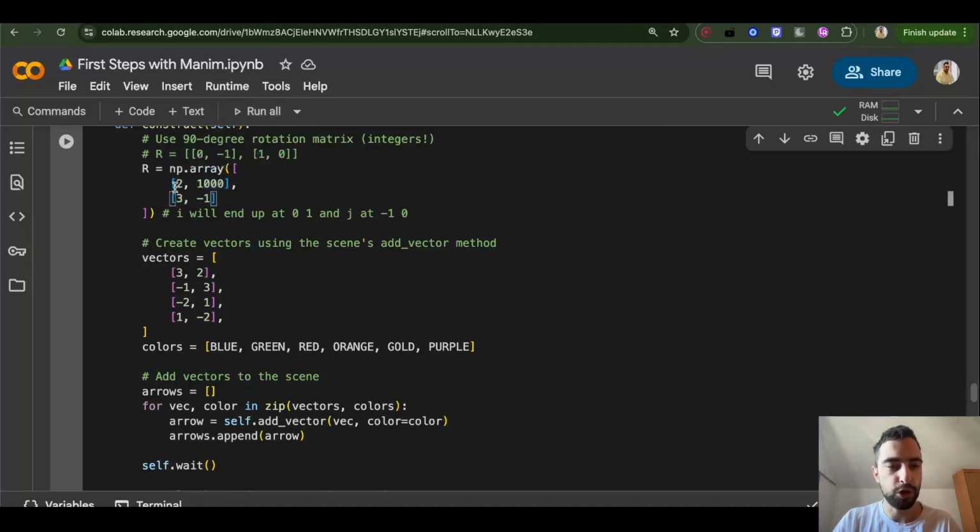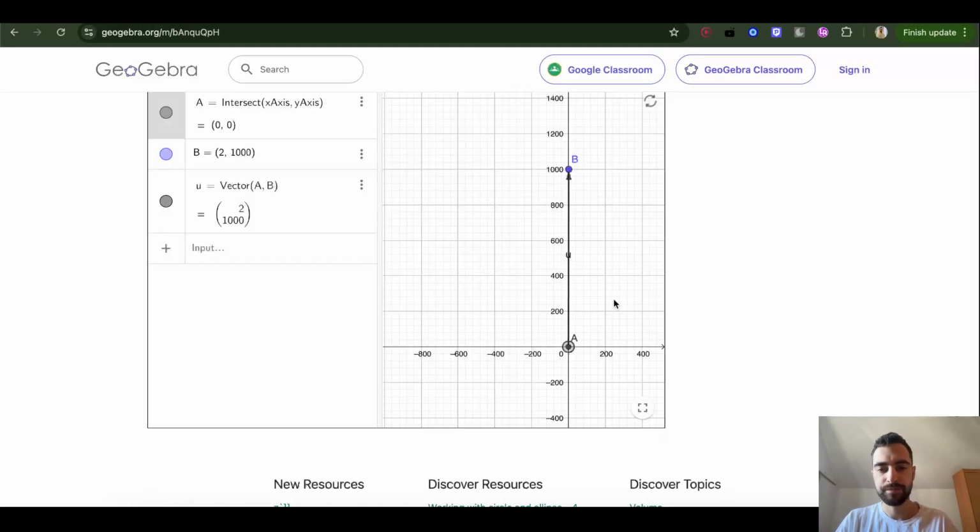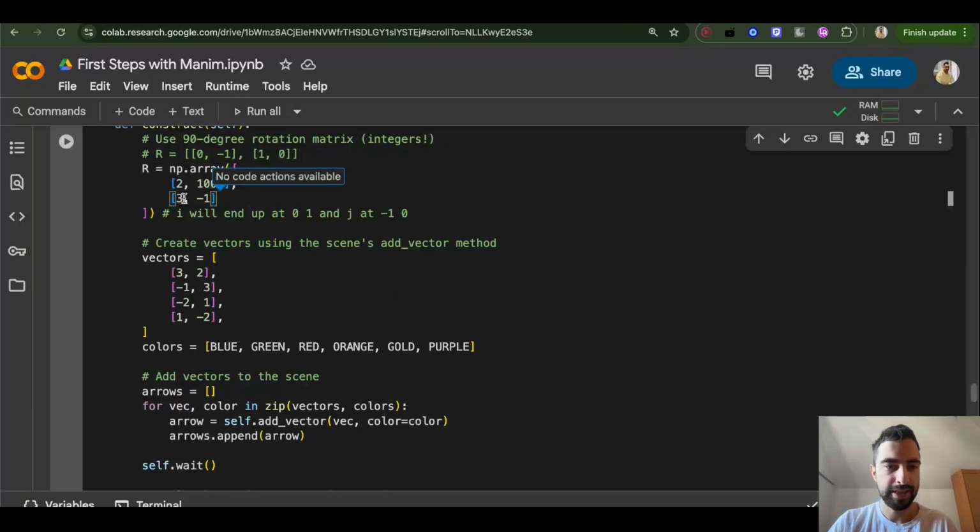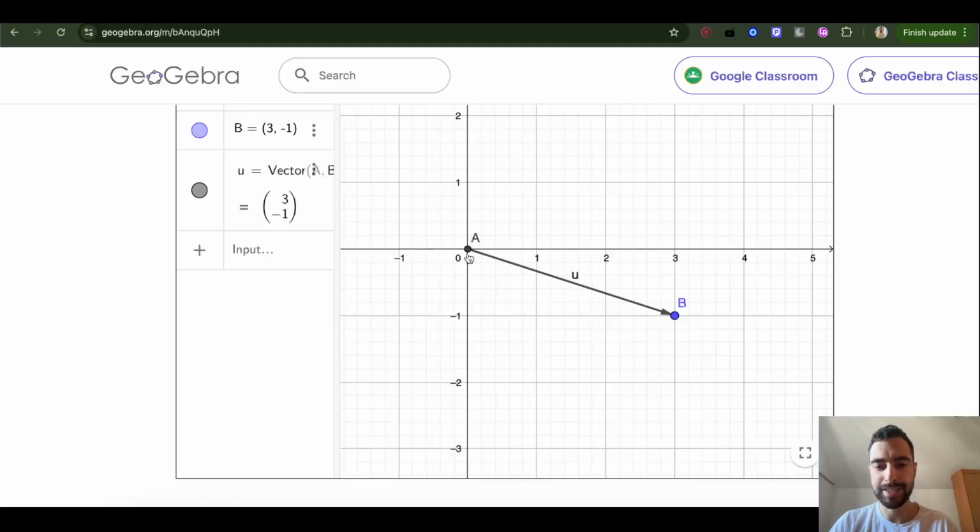Let's see these rows, 2 and 1000. This vector is almost on the y-axis from 0 to 1000, with just a bit of x-axis to the right. And this second vector is 3, minus 1. It's like this. So they are not 90 degrees, they are not orthogonal. First of all, the length of this upper first vector is insane, and they are not orthogonal.